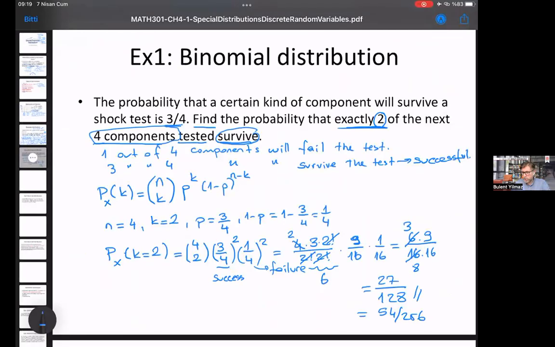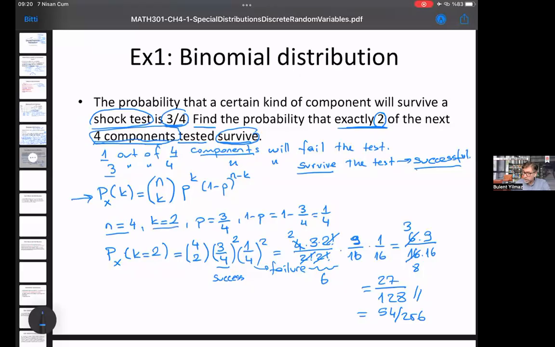Guys, in this question, 1 out of 4 components will fail after the shock test, and then 3 out of 4 will survive the test. That will be the test being successful. And using this binomial formulation, we said that we have 4 components to be tested.